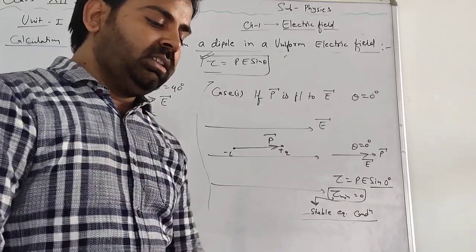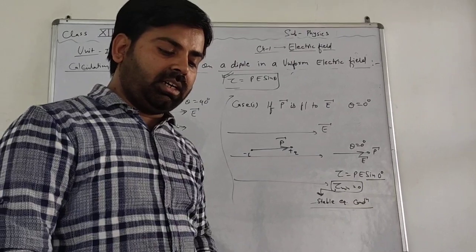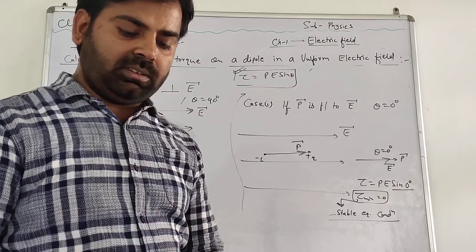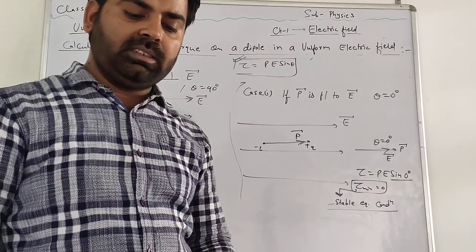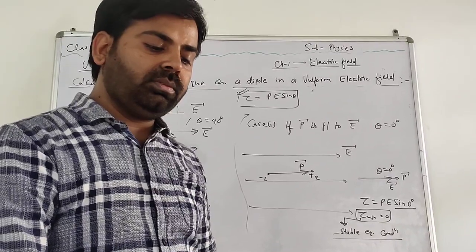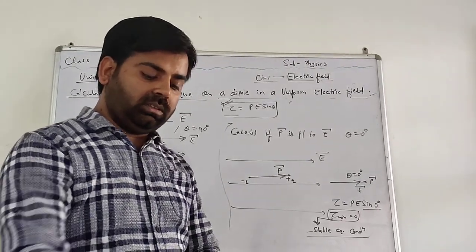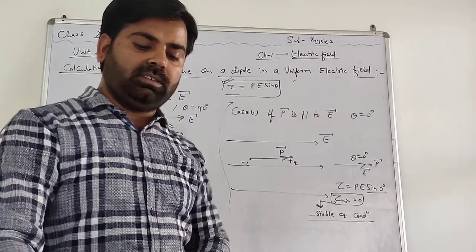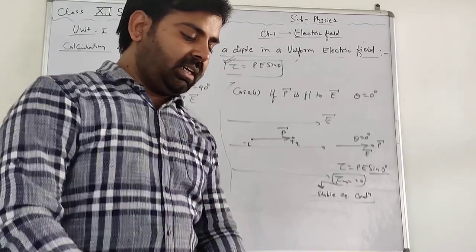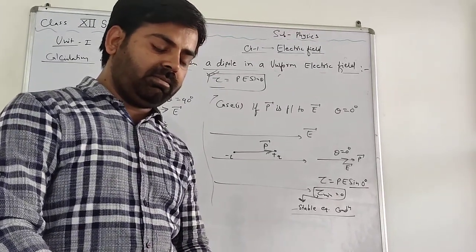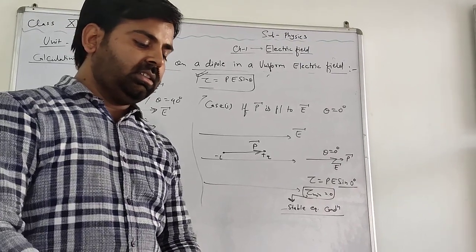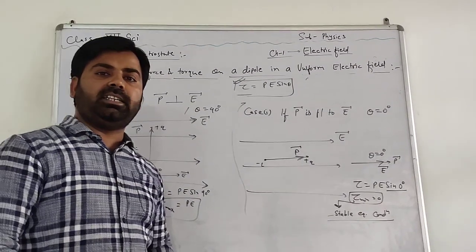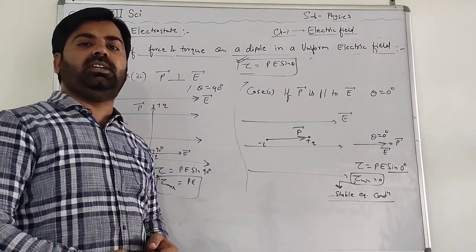Then multiple choice question number 10 and 11, and short answer type question number 19 and 20. Questions 19 and 20 belong to very short answer type, and from short answer type the question is 13, from long answer type the question number is 5, and from numerical questions the question number is 11, which are based on the topic of electric dipole placed in a uniform electric field.